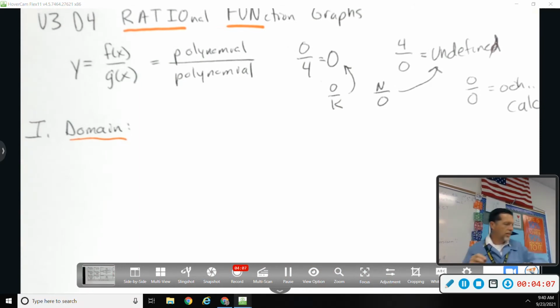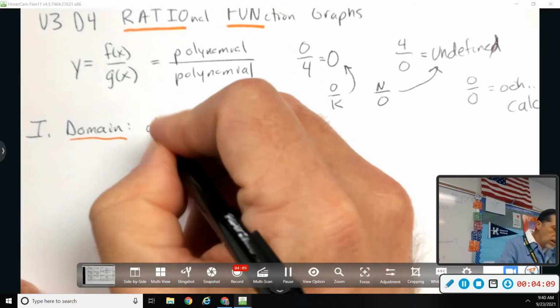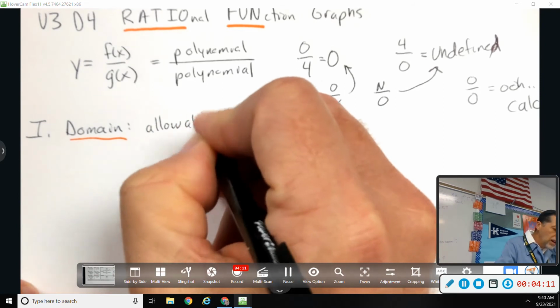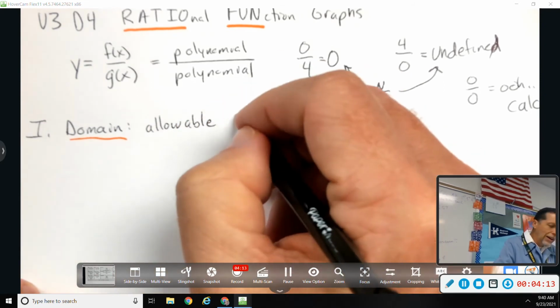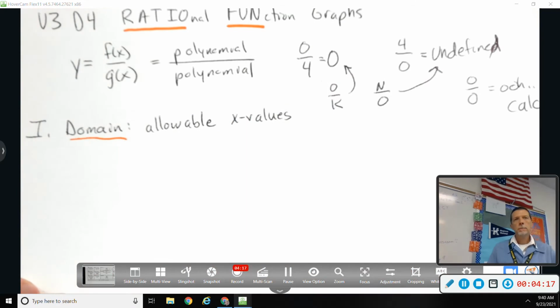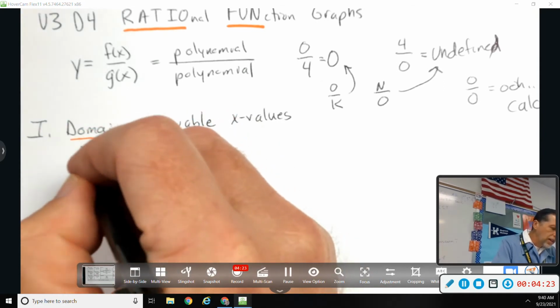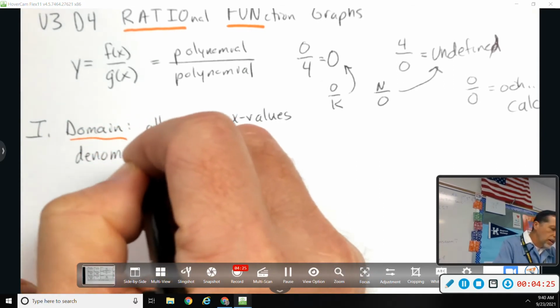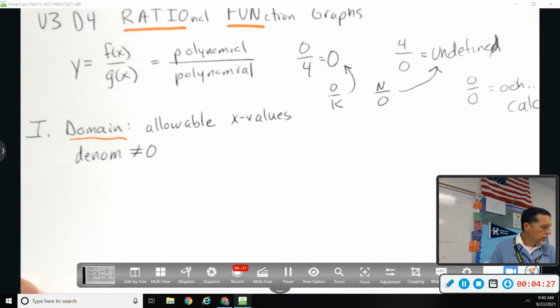The x. So the domain we can think of as the allowable x values. And the main thing we're concerned about is that the denominator can't be 0.